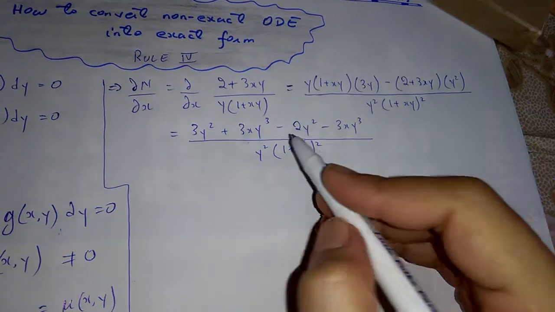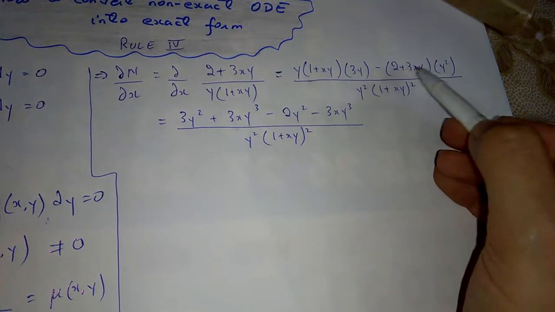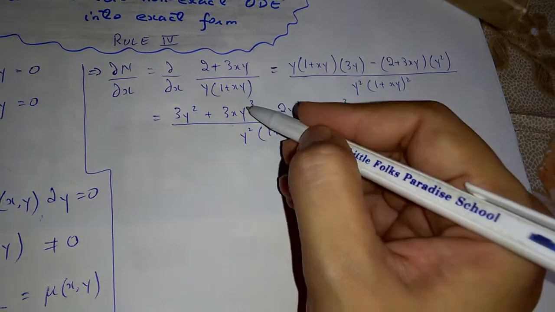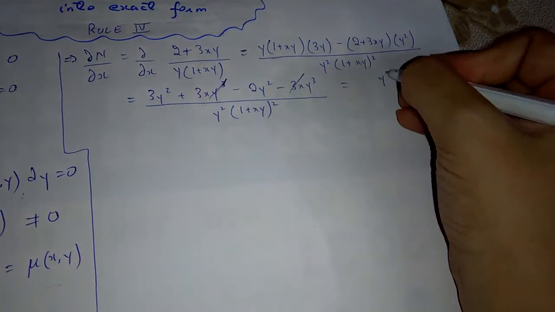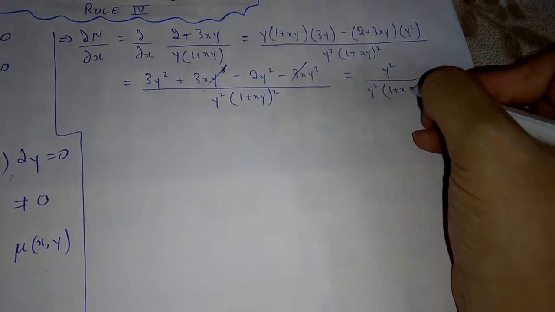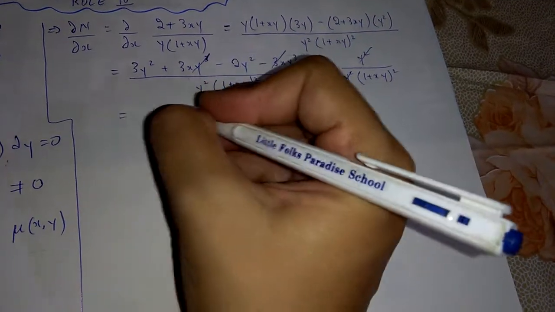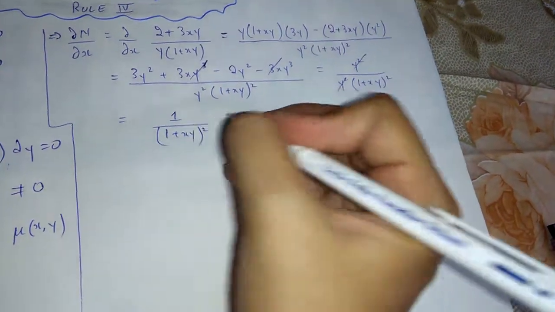So here you go. That's how it looks when I take v times the derivative of u minus u times the derivative of v, upon v squared. It gives me this, and you see that this thing and this thing get cancelled. What I'm having here is y squared in the numerator and y squared times (1 plus xy) whole squared in the denominator. This gets cancelled, and you can see we have the same result over here.